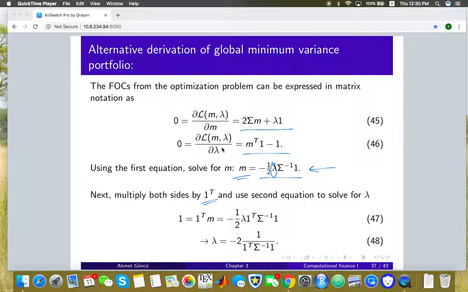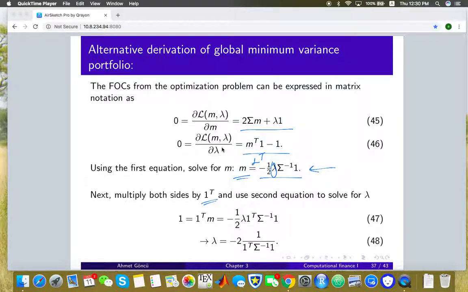If we do that, basically 1 equals 1 transpose m, and this is equal to what we have here in terms of lambda, right? So we are using this equation, multiplying both sides by this 1 transpose.